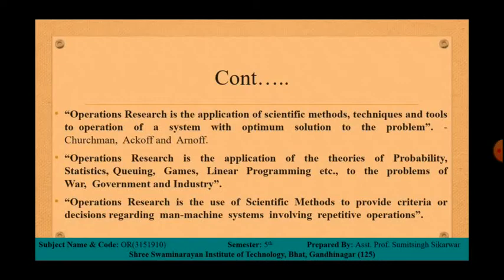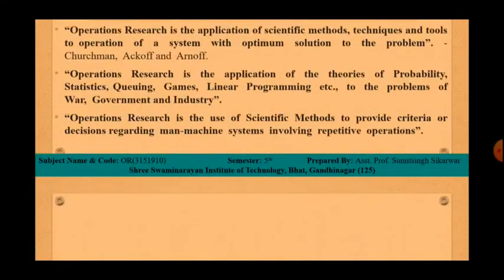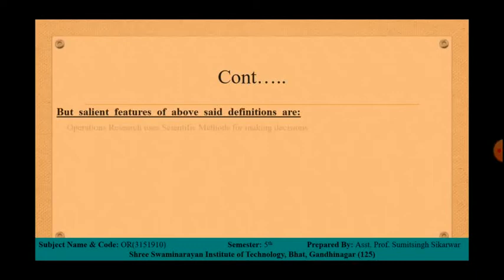From all the definitions, the salient features are: operation research uses scientific methods for making decisions.